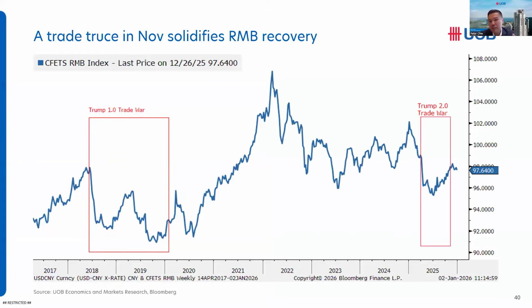But more importantly, for Asian currencies, more often than not, they look towards the RMB for leadership. And because the trade war ended relatively quickly, it was a very short trade war, once the RMB starts to stabilize, it adds another source of support for Asian currencies to rally towards the end of the year.